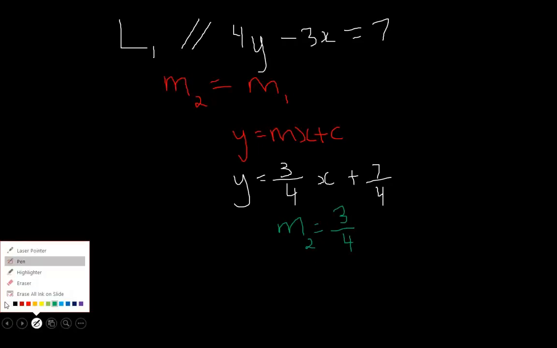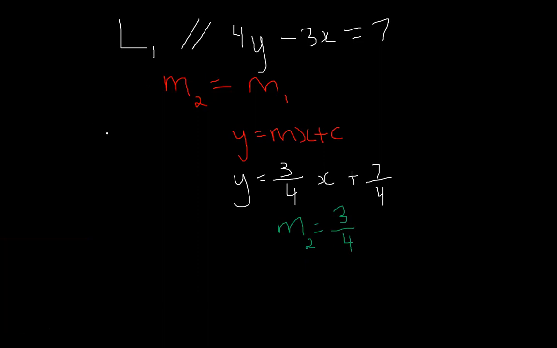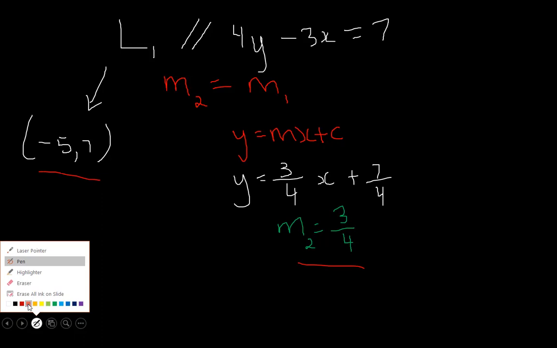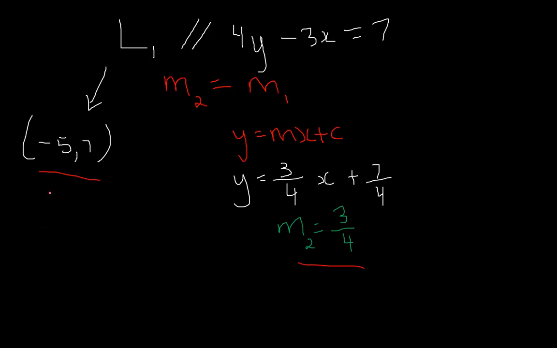And they want me to find the equation of the line. They also told me L1 passes through the point (-5, 7). And we know that we could find the equation of a line given a point and the gradient. You said that you prefer the second method.